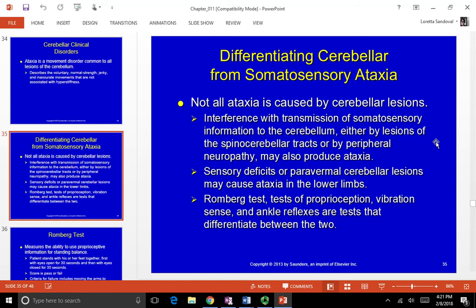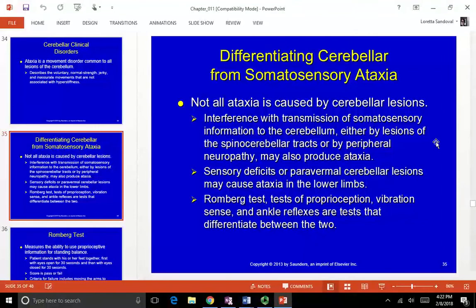Not all ataxia is caused by cerebellar lesions, so they want to be able to differentiate between cerebellar ataxia and somatosensory ataxia, because it's going to be treated differently, right? If there's some kind of interference with the transmission of somatosensory information to the cerebellum, either by lesions of the tracts or peripheral neuropathy, that can also produce ataxia.